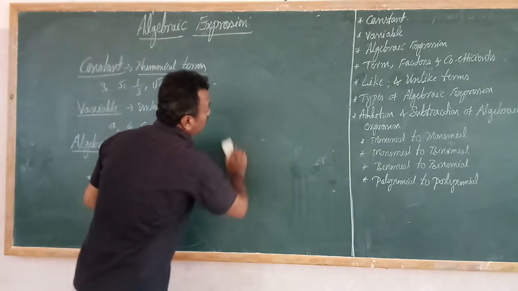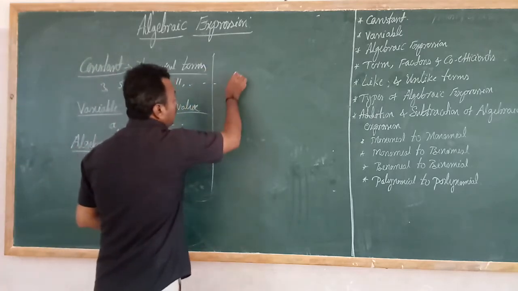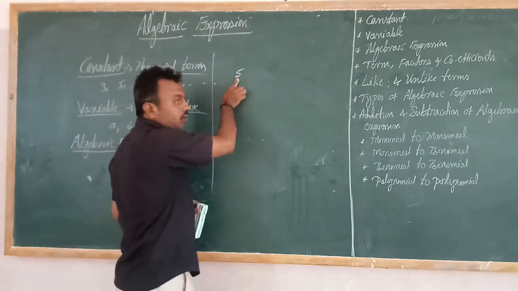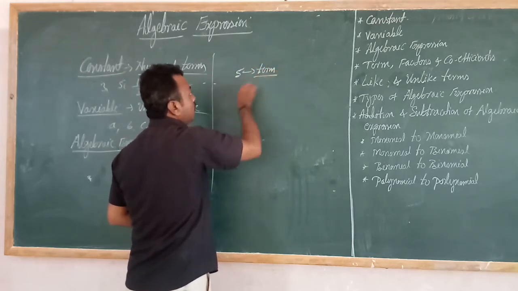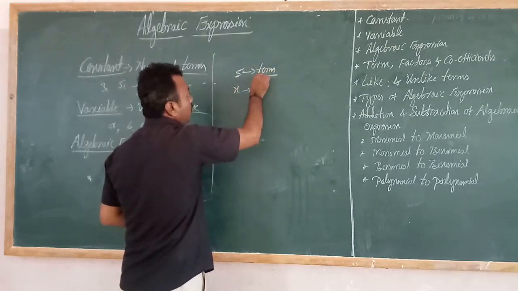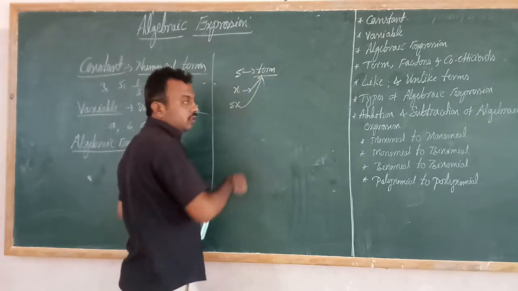Next one, terms. See students, pi is a constant. This is one of the terms. x is also one of the terms, and 5x is also one of the terms.